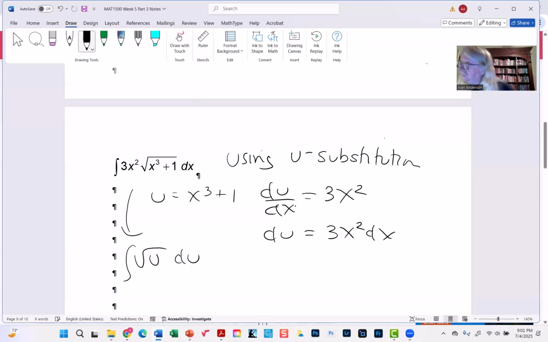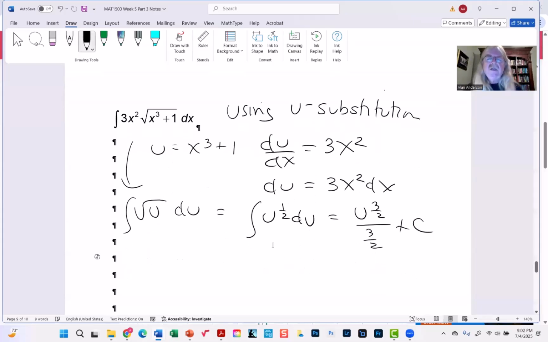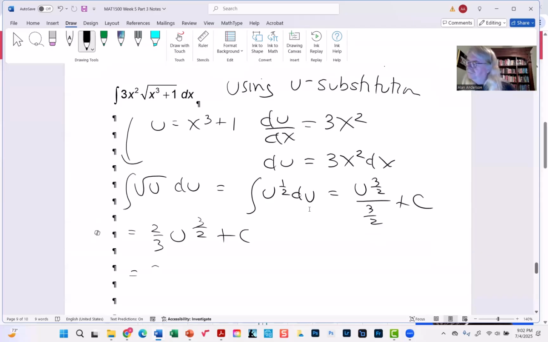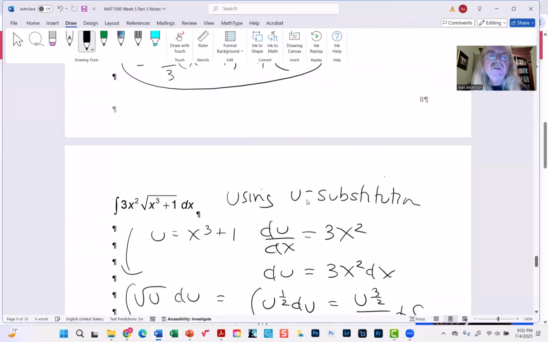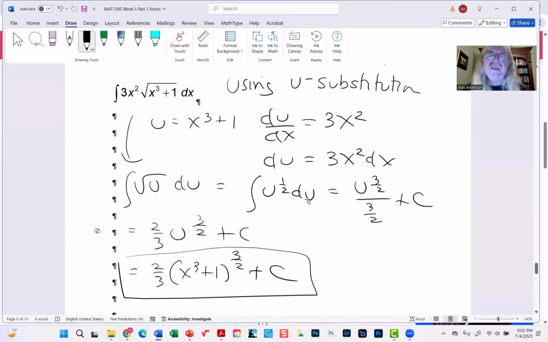So look how easy this is. So you end up with 2/3 u to the 3/2 plus c. And now, of course, you have to replace the u. And of course, it's the same thing. All right, 2/3 x cubed plus 1 to the 3/2 plus c.